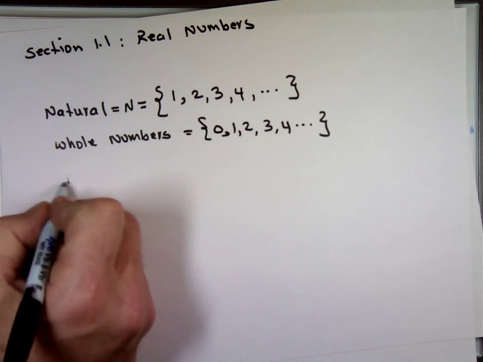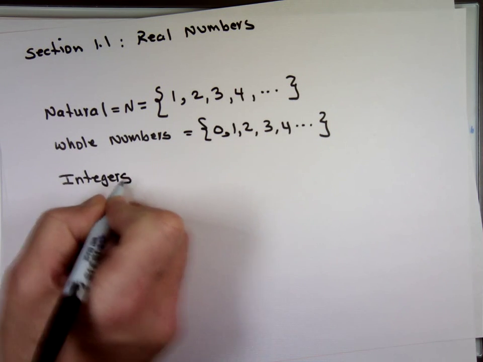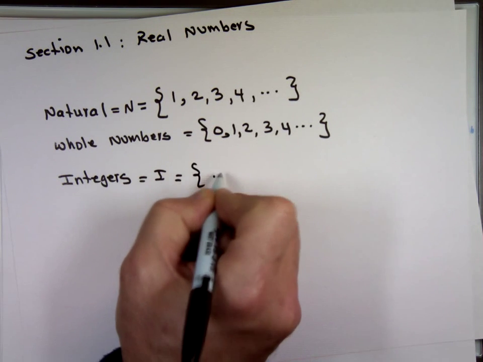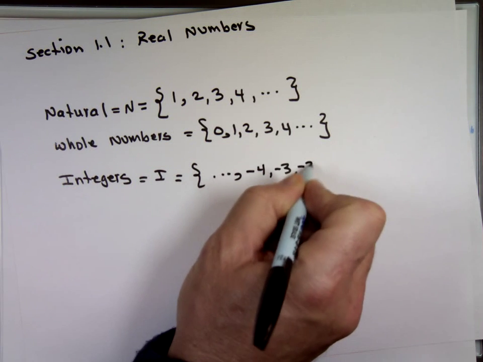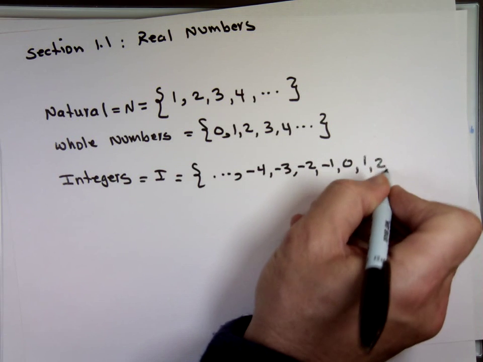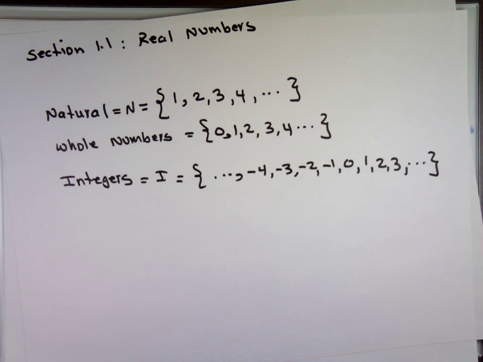Those we call integers. So integers, that's the letter I, like -4, -3, -2, -1, 0, 1, 2, 3, all the way to infinity. So both of these are called integers.